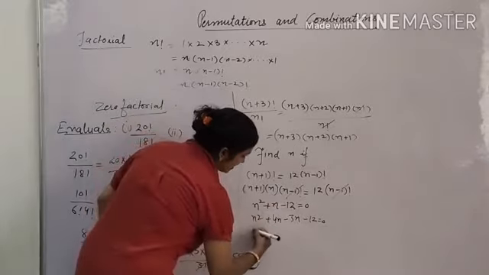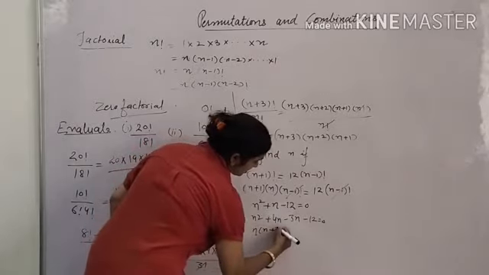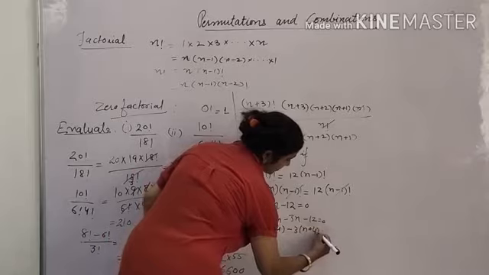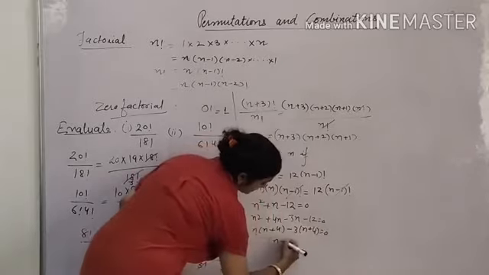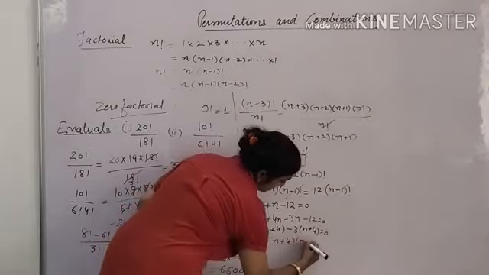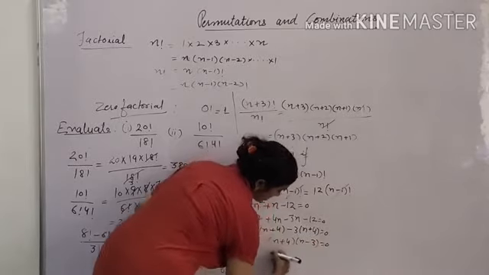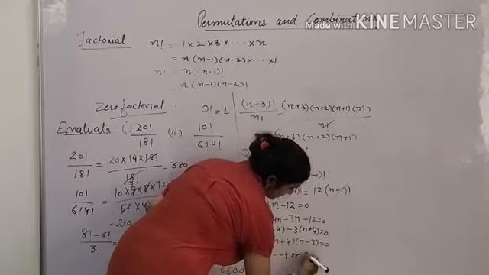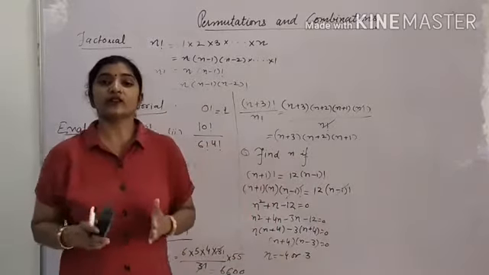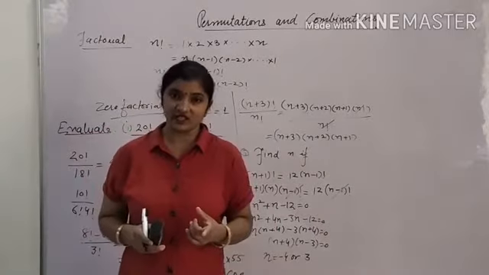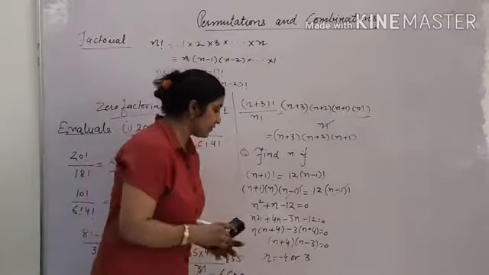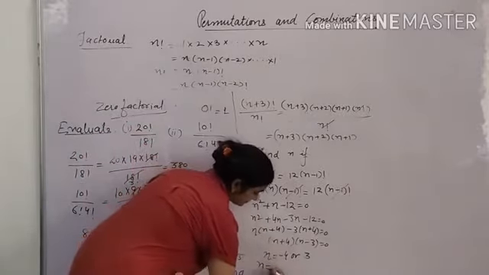So this is n into n plus 4 minus 3 into n plus 4. This is n plus 4, n minus 3, equals 0. So n can be minus 4 or 3. But you know, the factorial is not defined for the negative integers. So the value of n is 3.